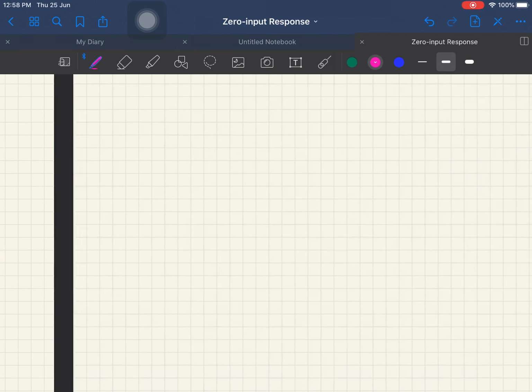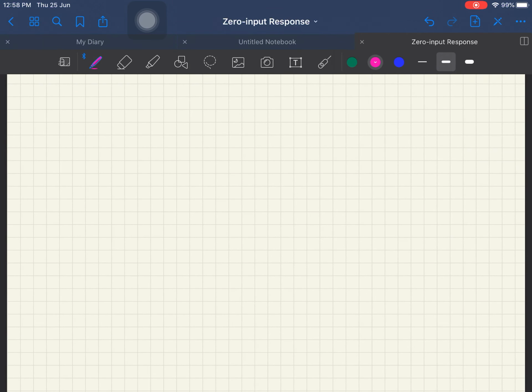So your zero input response, y zero of t, in this case is minus 5 e to the power of minus t plus 5 e to the power of minus 2t.